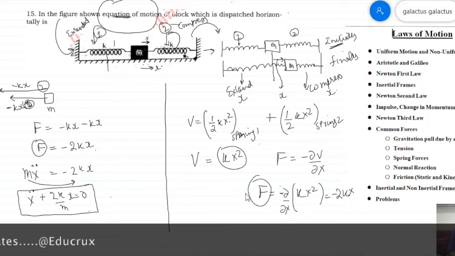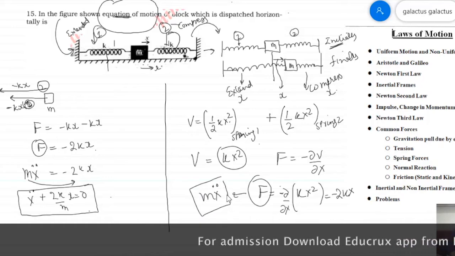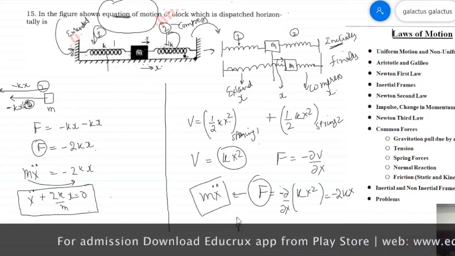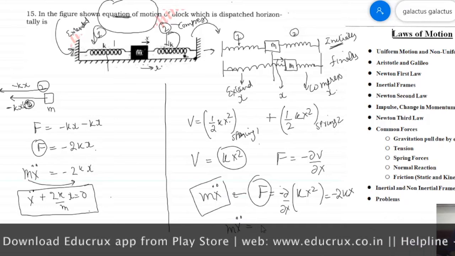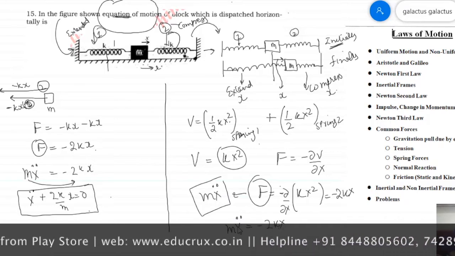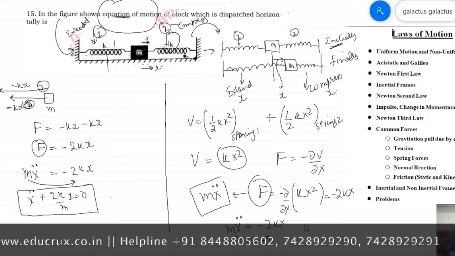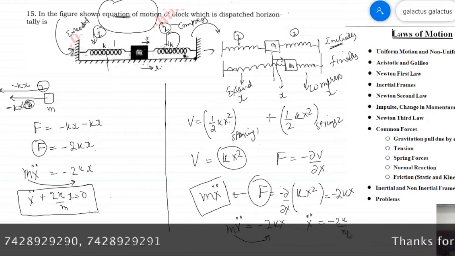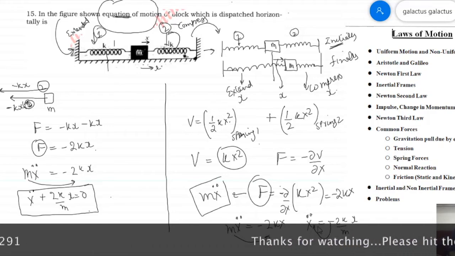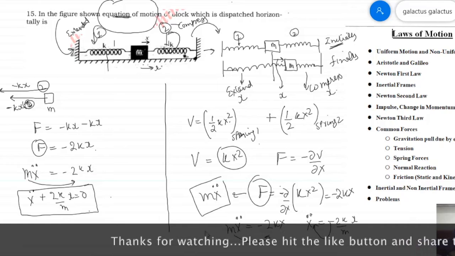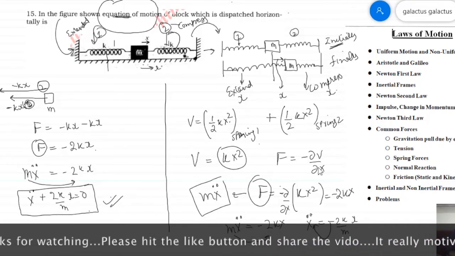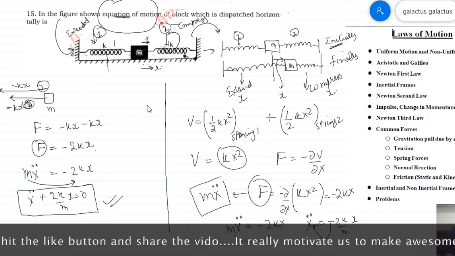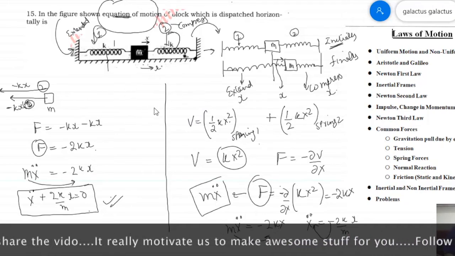Using the definition of force as mass times acceleration for the block, x double dot into m is equal to minus 2kx. If I take the mass to this side, I get x double dot is equal to minus 2k by m x, and if I take this term to the left side, I get the same answer. So we see how we can solve this question using two methods.